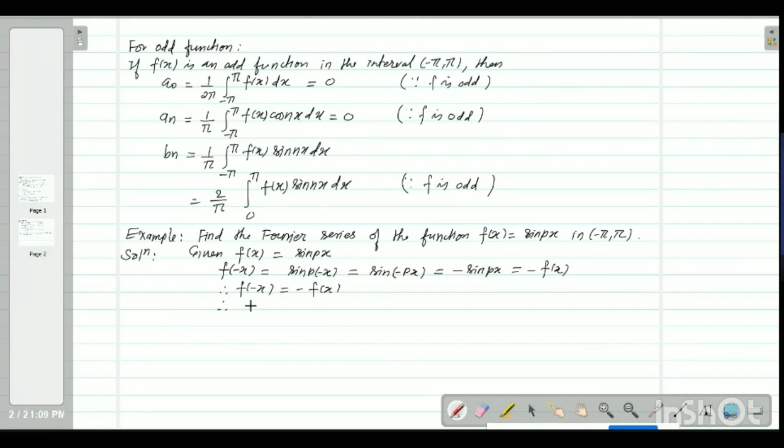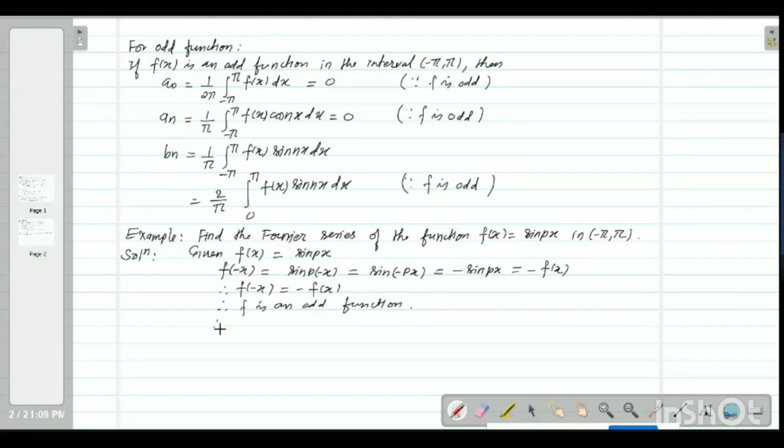Therefore we can say that f of minus x equals minus f of x. Therefore f is an odd function. Then you can directly say that a naught and an will be 0.